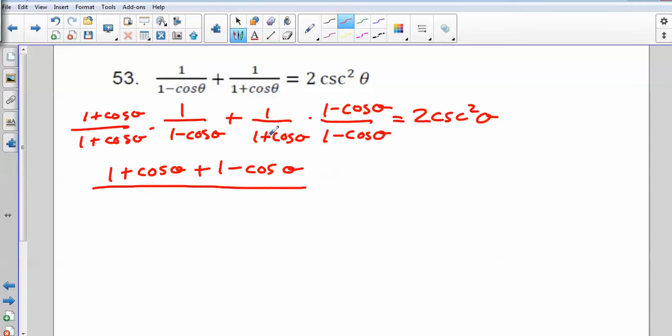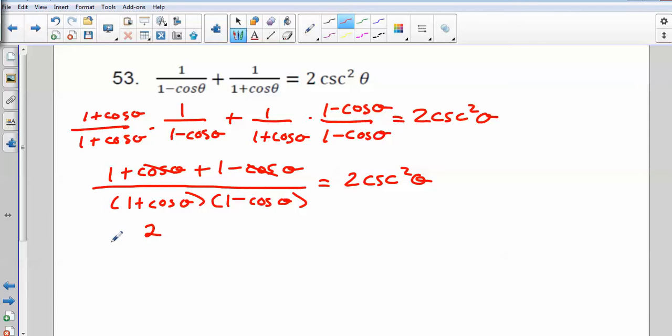My denominator is a common denominator of 1 plus cosine theta times 1 minus cosine theta. This time my cosine and negative cosine cancel out, so my numerator is just 2.